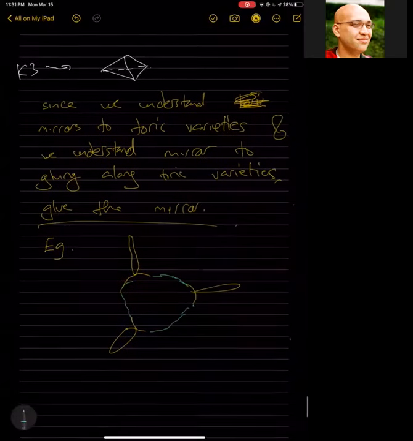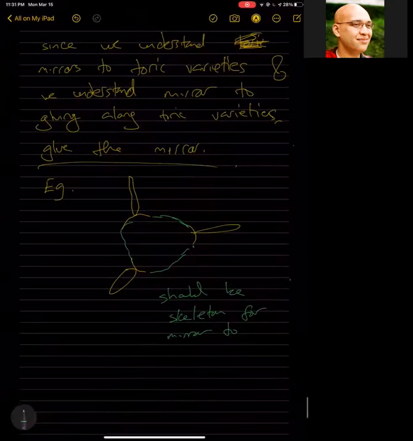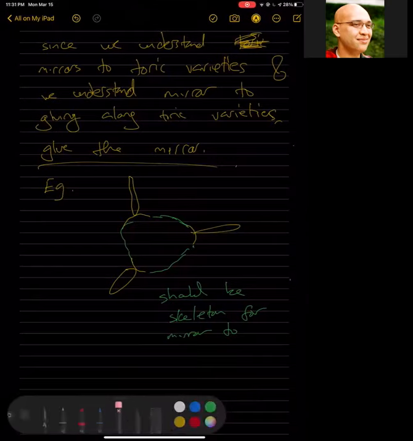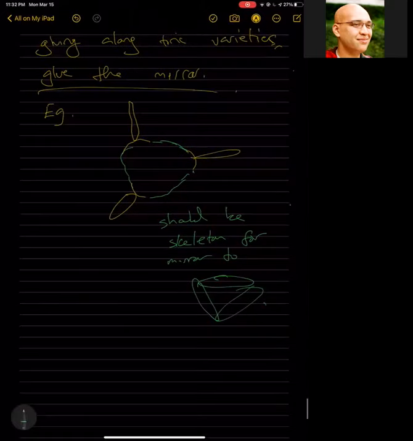And so now this should be the skeleton for the mirror to 3 P1s glued together. And this is true.